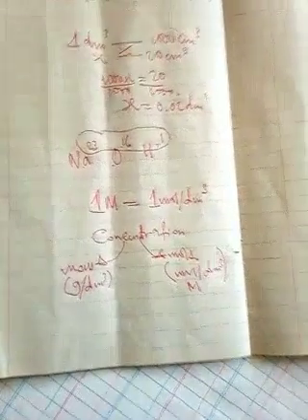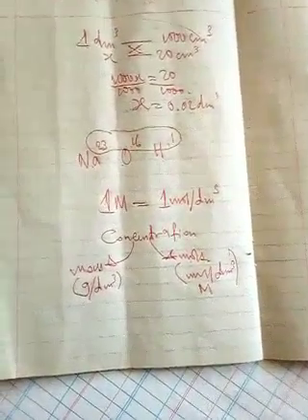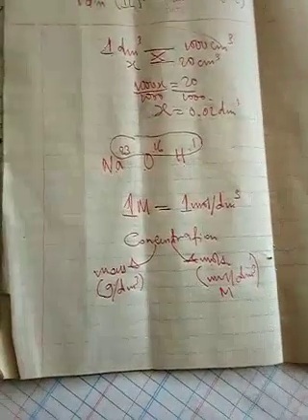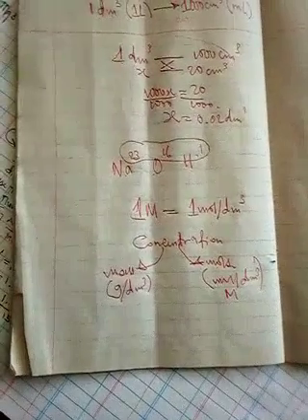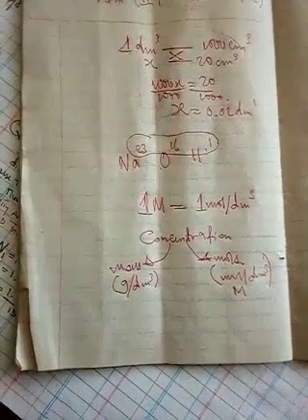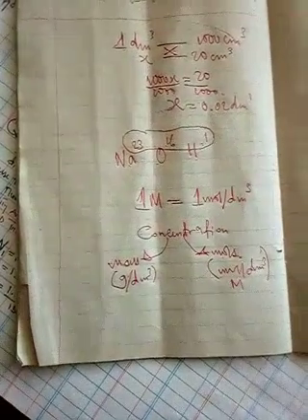So there are people that normally find it a challenge to differentiate between concentration and molarity. Concentration can be defined generally as the amount of a solid or amount of a substance dissolved per liter of a solution.